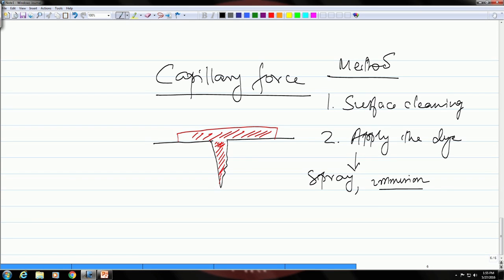Okay. Now, the next thing is you need to allow some dwell time, because this liquid dye will have a certain viscosity, although it does not come into that equation which we just now talked about. Due to the viscosity, it will take some time for the liquid to go inside the crack if there are discontinuities and cracks on the surface.